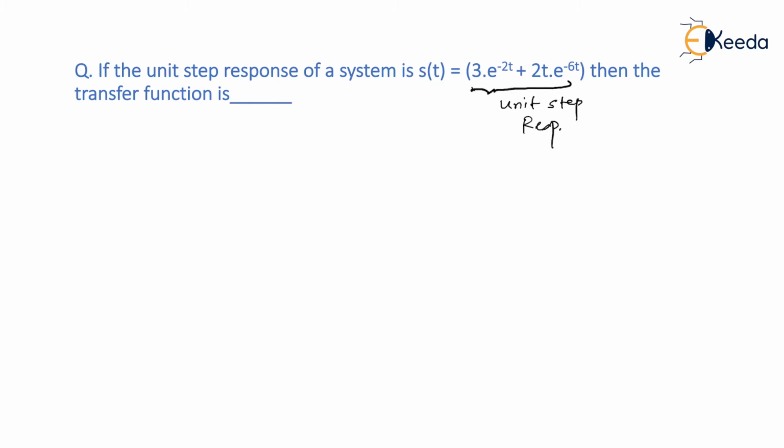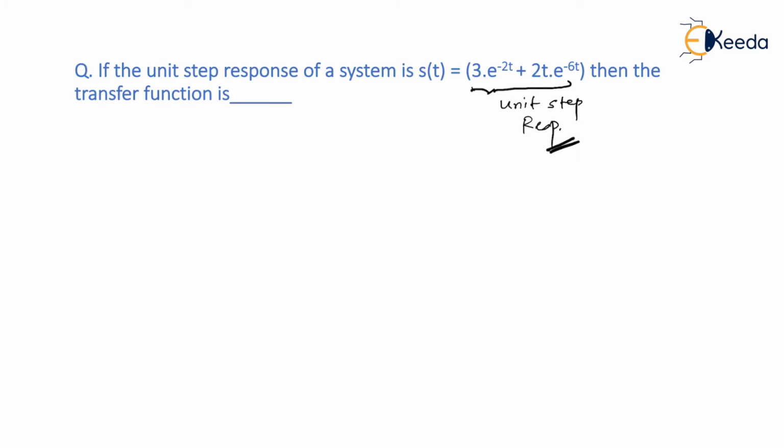If the impulse response is given, then it is easy to get the transfer function because we know that the Laplace transform of h(t) is H(s), which is nothing but the transfer function. But instead of h(t), what is given to you is a unit step response. If they would have given h(t), then it is the same as question number 1. I hope you can recollect what question number 1 was.